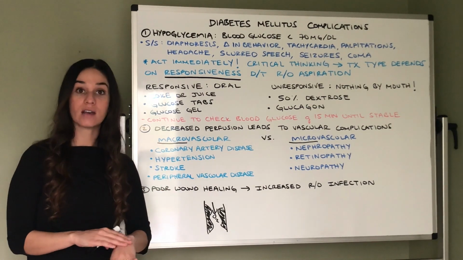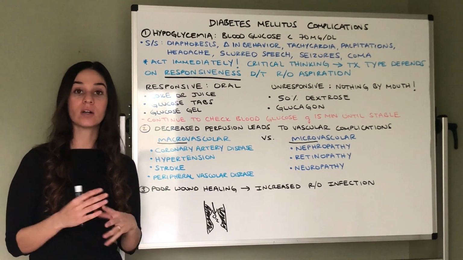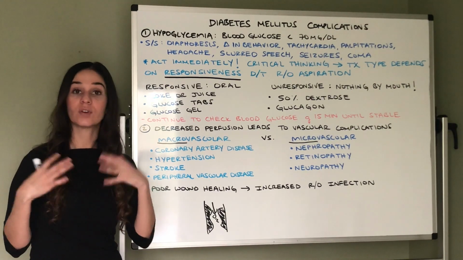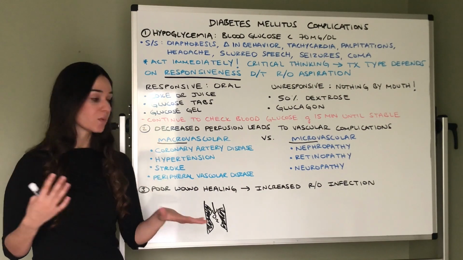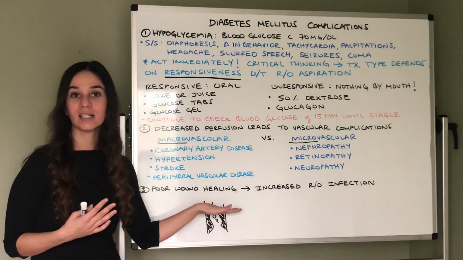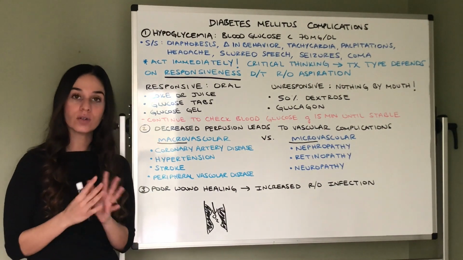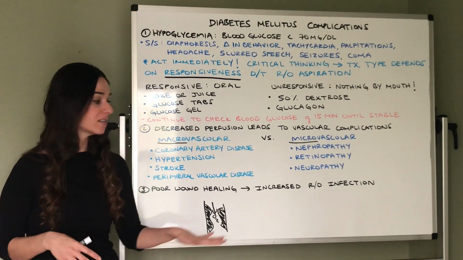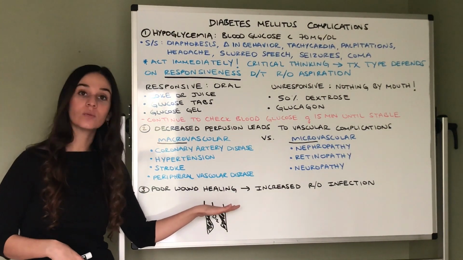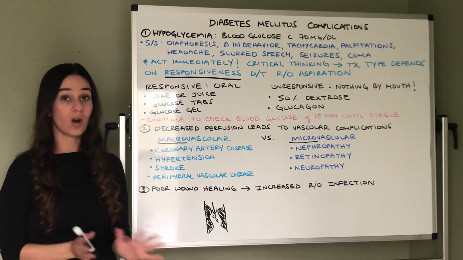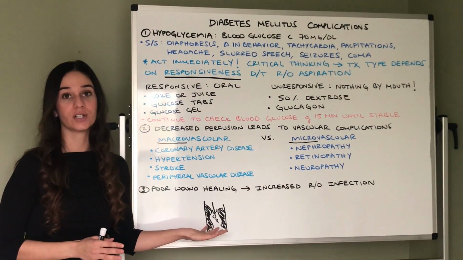Yes, from the wound itself if they have a pre-existing wound, but also systemic signs if they're getting fevers, chills, if their white blood cell count is elevated. We really want to protect their skin, keep it well lotioned, keep them well hydrated, do thorough skin assessments, and if they have any pre-existing wounds, really monitor them for infection. Again, going all the way back to decreased perfusion.